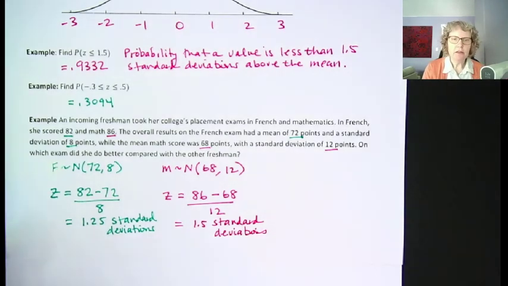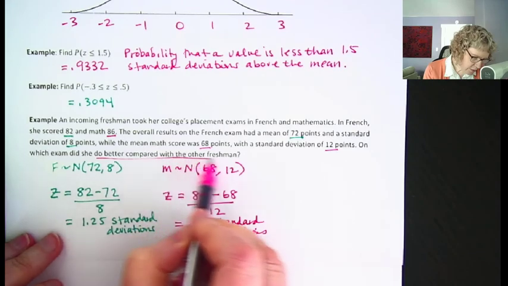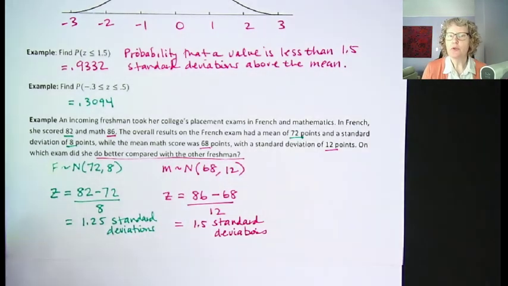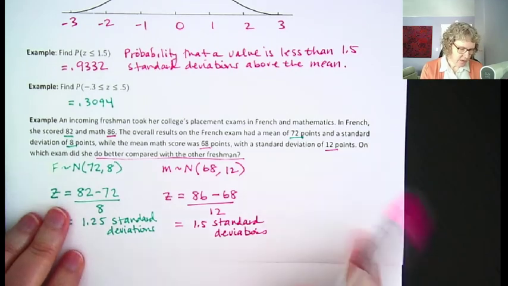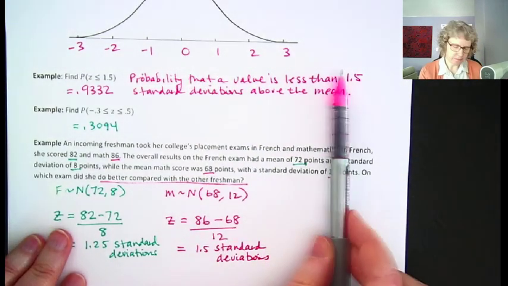Okay, now let's review this question again. On which exam did she do better compared with the other freshmen? So this is a different question than the other one we had. The other one was which one was more extreme or unusual. This one is which one did she do better? So this time we'll be looking for which one is higher than the other.